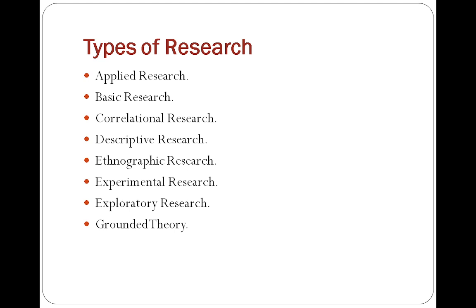Whatever the field is, there will be research. There are different kinds of application-based research: applied research, basic research, and correlational research, which makes some relationship between the research findings of more than one research area.